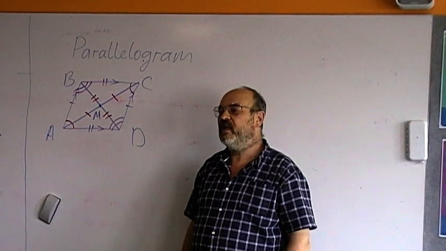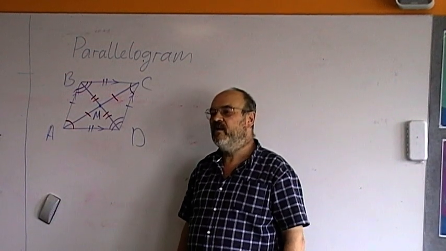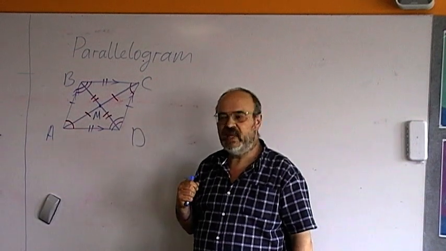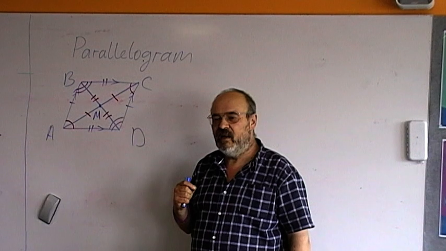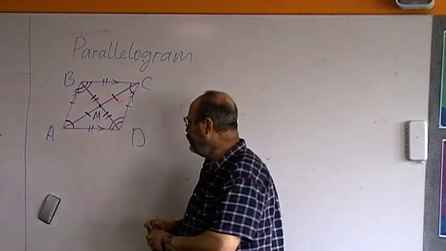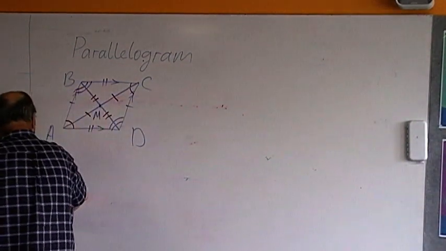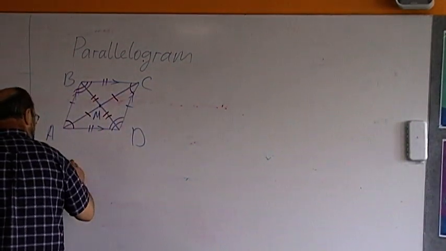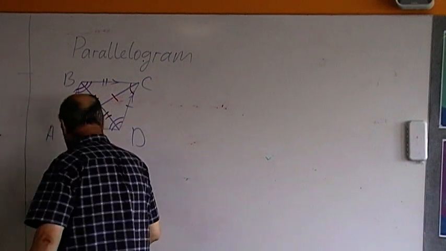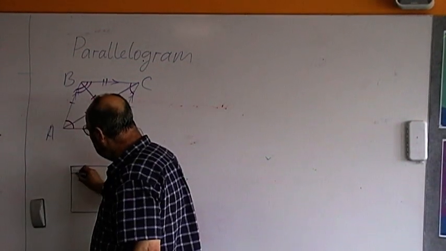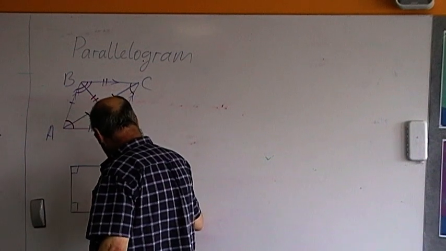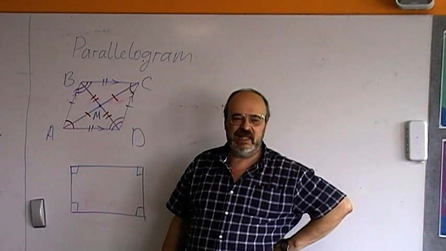Now, let's put some more conditions. If we have a parallelogram and we make all angles 90 degrees, what quadrilateral does it become? It has all features of the parallelogram plus all angles are 90 degrees. It's called rectangle.